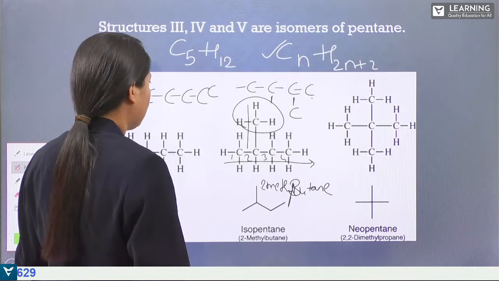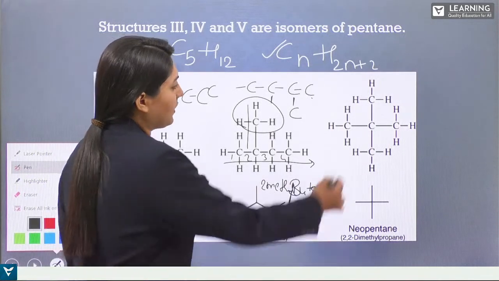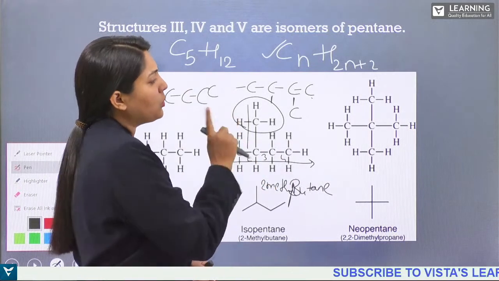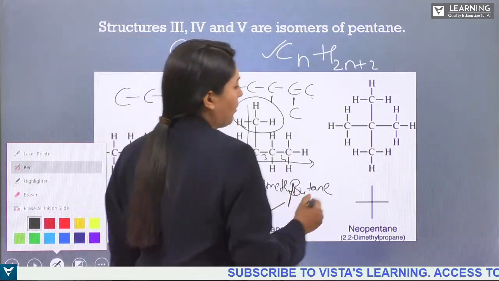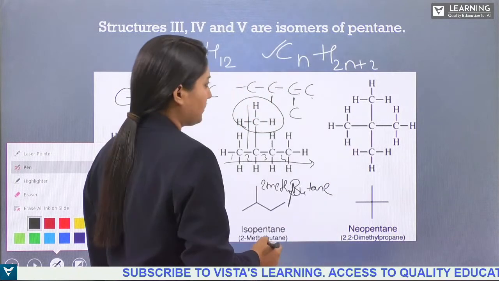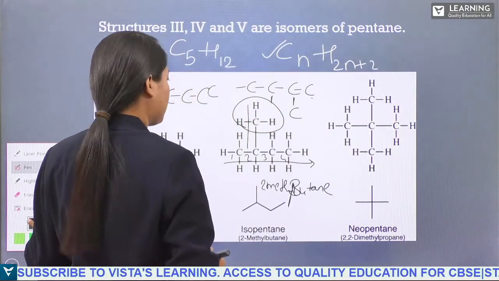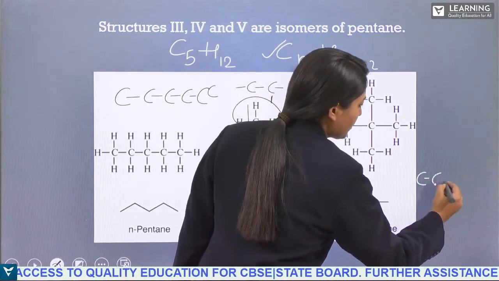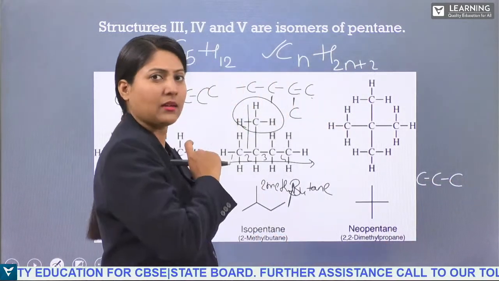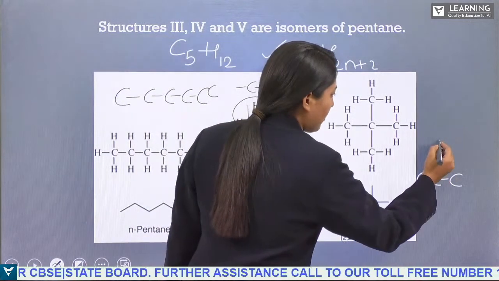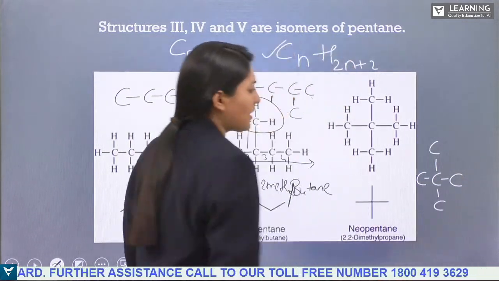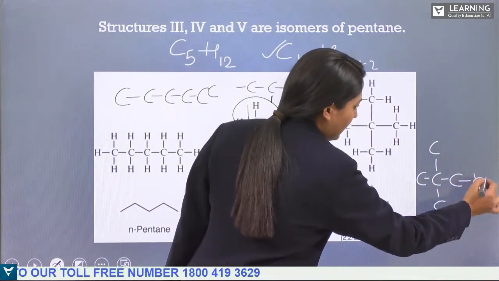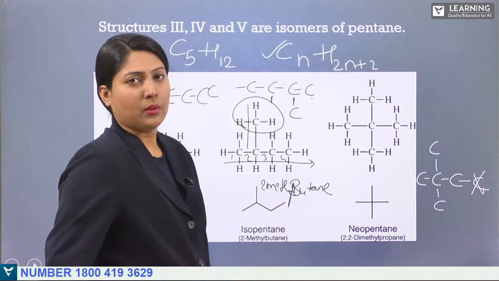And the third one, we have 3 carbon atoms in the same chain and 2 branches. So here 3 carbons are the parent chain, and the 2 branches are on the second carbon atom. If you add 1 more carbon here, that is wrong because it will become butane.